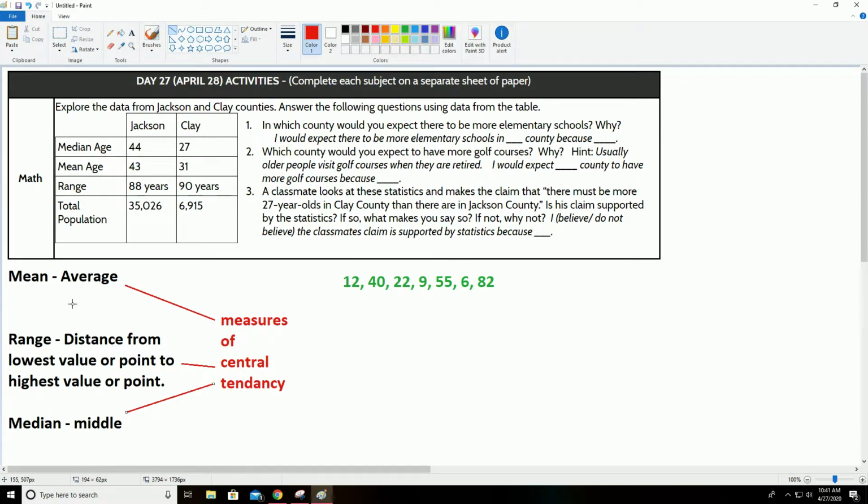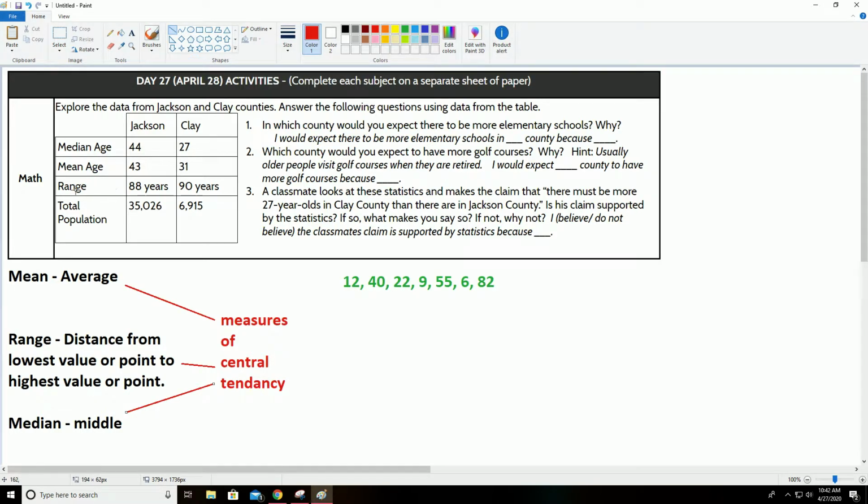So, I first want to talk to you about the mean. We have the mean age right here, and on our table we have two counties, Jackson and Clay County, and there are three different measures of central tendency on here.